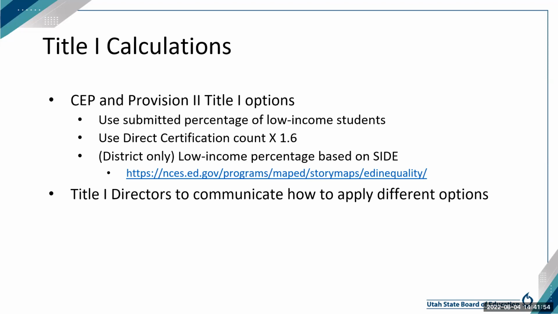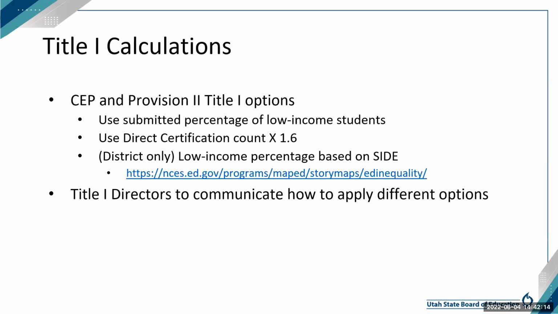They take the boundaries of the LEAs, overlay them on census data, and then they apply the neighborhood income to poverty ratio. It's a number between 0 and 1,000. They overlay that, and then they look at that percentage.